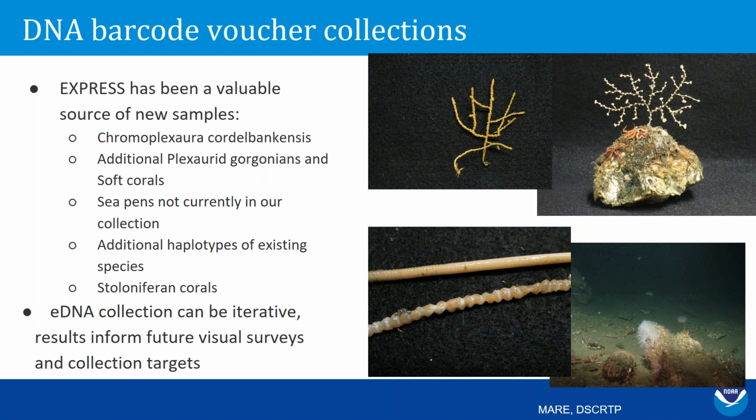We have been imaging them for many years, but had not yet been able to collect to add to our DNA voucher collection. So we've now expanded our voucher collection so that in future environmental DNA surveys, our ability to detect and determine individual species will be enhanced.